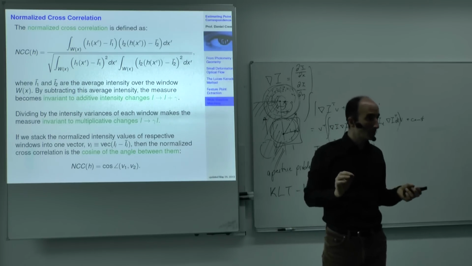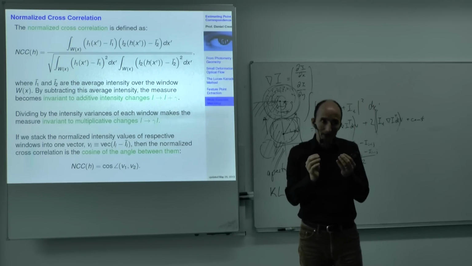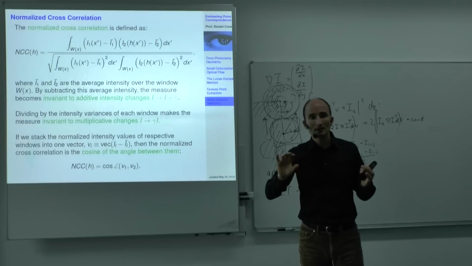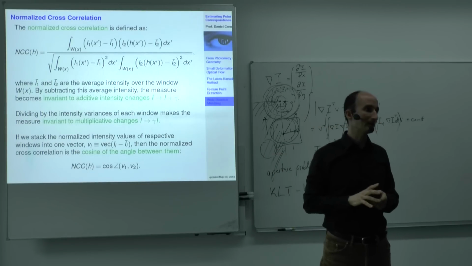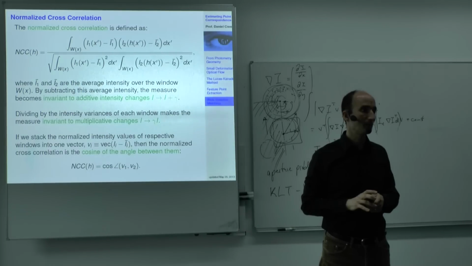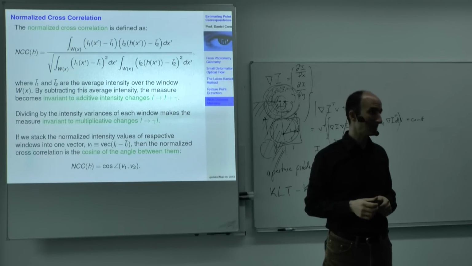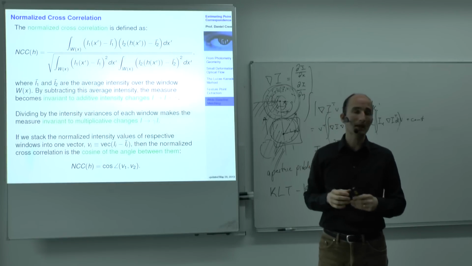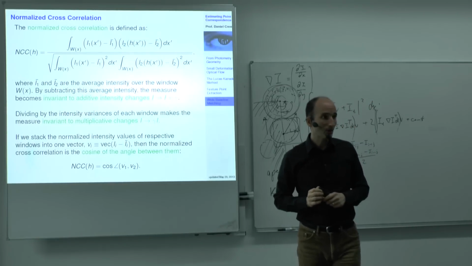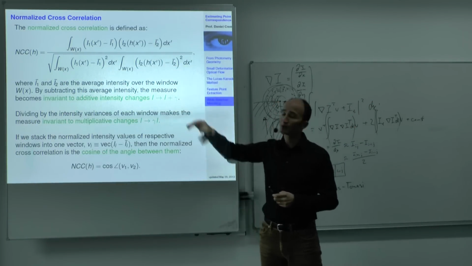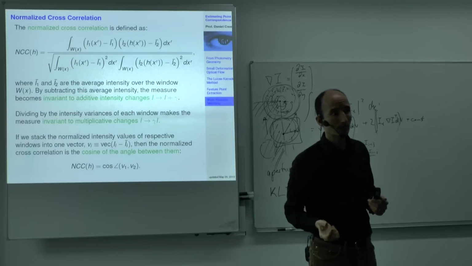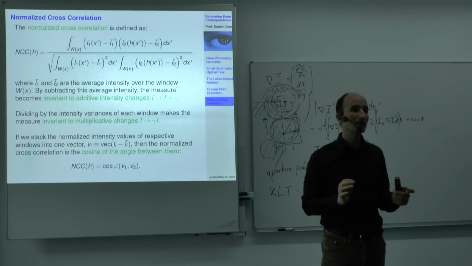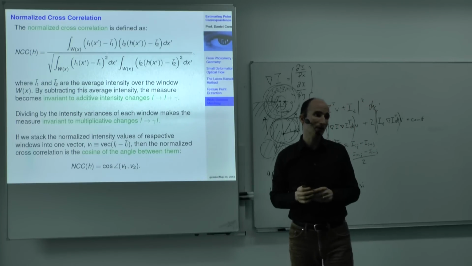We want a certain robustness, in the sense that if I have a little bit of a brightness change, then the measure should not be affected too much. But we don't want it to be completely invariant. We don't necessarily want an algorithm to tell us a white and a black patch are the same. And so as a consequence, these normalized cross-correlations sometimes work better, but not always. It really depends on the data that you're looking at.